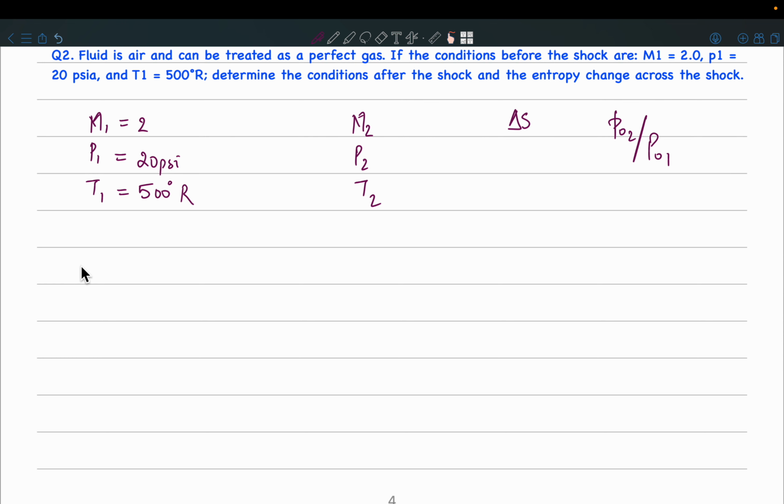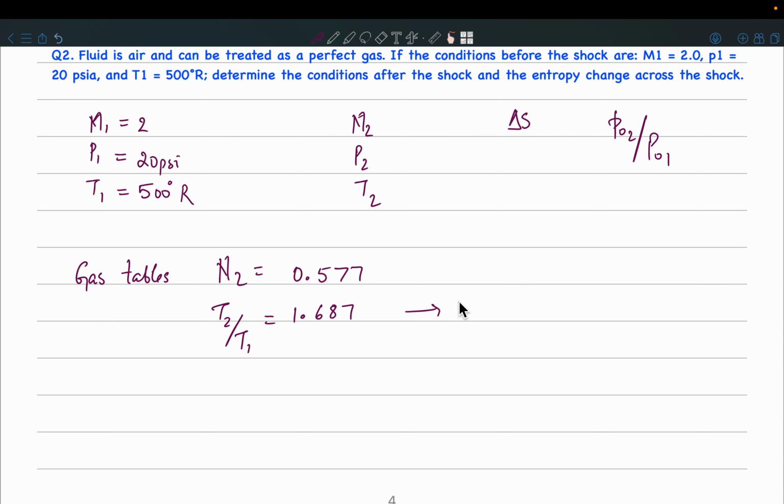Okay, so from gas tables, you are telling me M2 is equal to 0.577. Okay, that is fine. And .687.